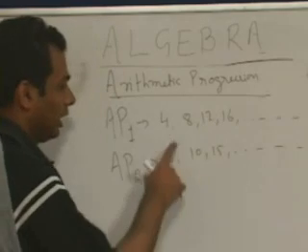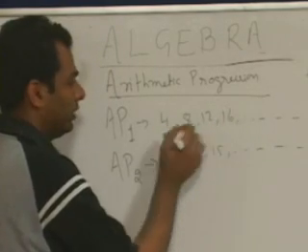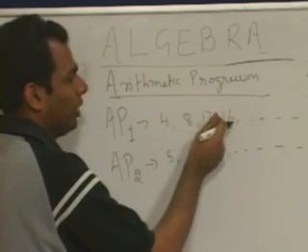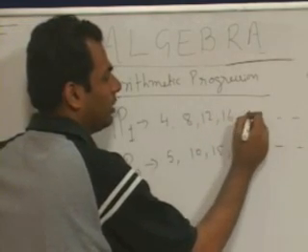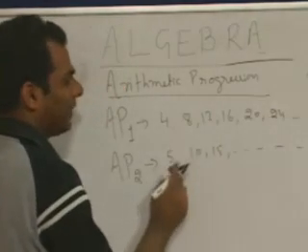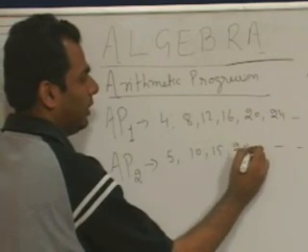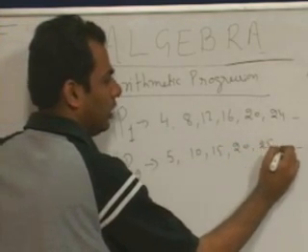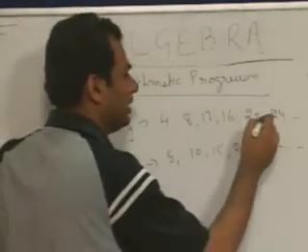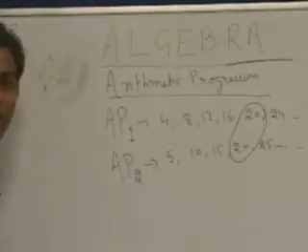If I look here, the value is increasing at a gap of 4. That is 4 plus 4, 8, 8 plus 4, 12, 12 plus 4 is 16, 16 plus 4 is 20, 20 plus 4 is 24, and so on. And here 5, 10, 15, the next term will be 20, and the next term will be 25. So the first term which is common in both the series is 20. Now the point is, which is the next term which is common here?